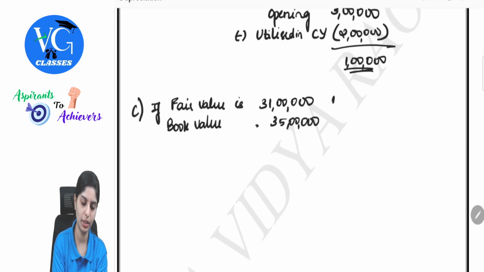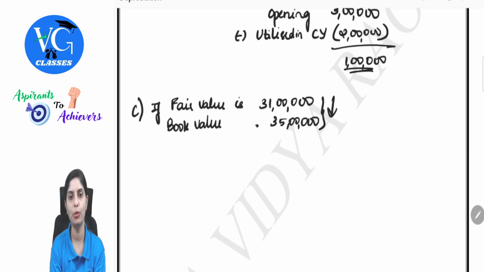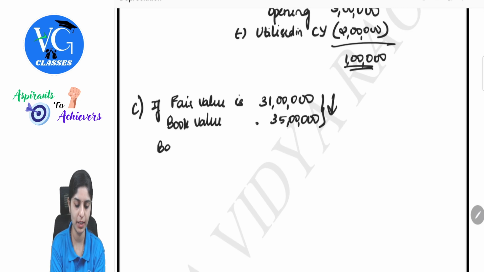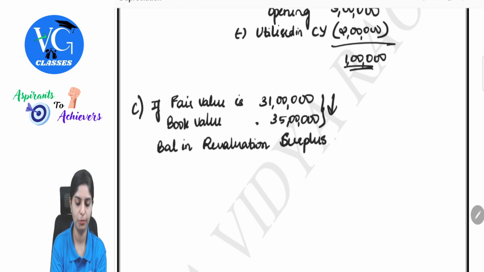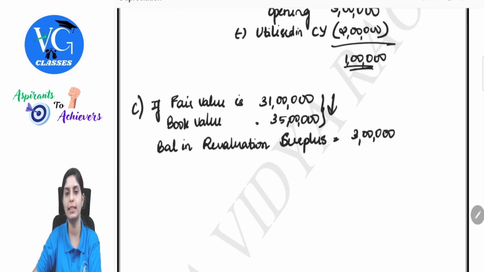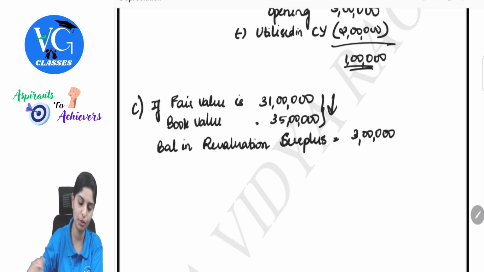So there is a downward revision of 4 lakh. Balance available in revaluation surplus was 3 lakh, but the total decrease is how much? 4 lakh. 1 lakh is shortfall. So beyond the balance left, we will take it to profit and loss account.